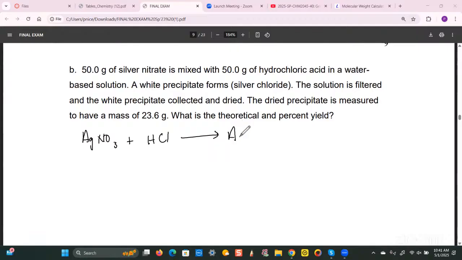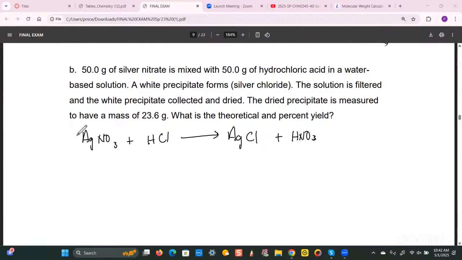Silver chloride. So what do you think the other product is? And hydrogen and nitrate, that just makes nitric acid, exactly. And fortunately for us, this equation is already balanced, right? So we don't need to make any changes as far as the coefficients are concerned.